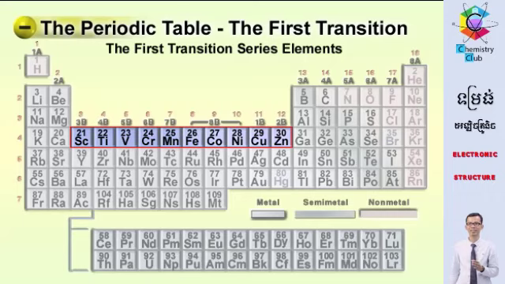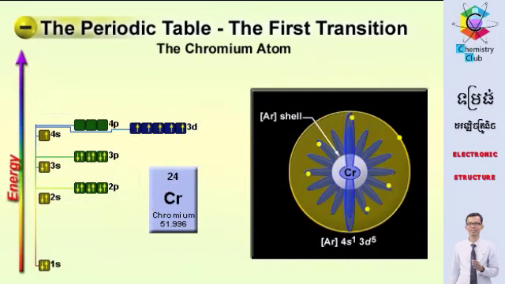Because the properties are so similar, we will show only one other example, chromium, which exhibits the unusual feature of borrowing a 4s electron to produce a half-filled 3d sublevel. According to quantum mechanics, half-filled and completely filled sublevels are energetically favored.